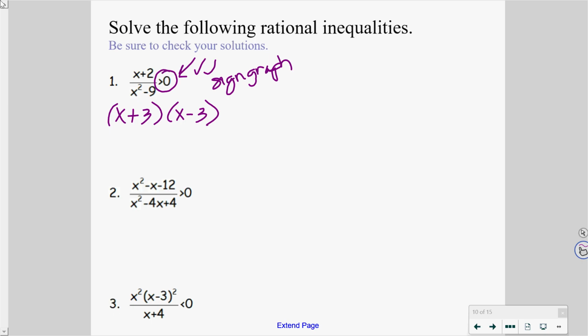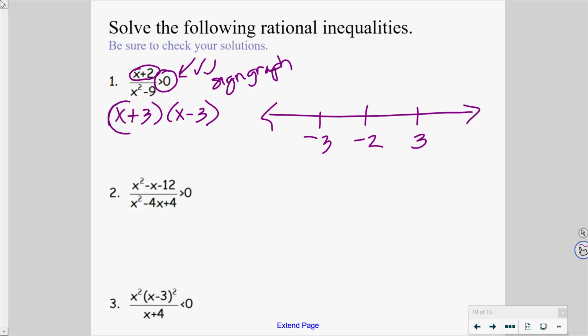Okay? So Henry, where should I put my sections on my sign graph? So positive and negative 3, and then negative 2. Are any of them weird factors? X plus 2, x plus 3, x minus 3.